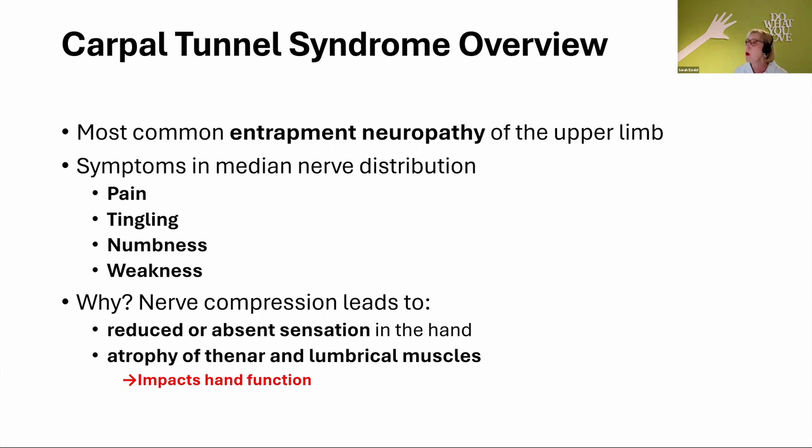Why? What happens when you compress your nerve? Well, the longer a nerve is compressed, you'll begin to see a reduction in sensation or an absolute absence of sensation if it's compressed for a really long period of time. The longer it's compressed, the more likely it's going to also affect the muscles that are no longer getting their electrical signal.